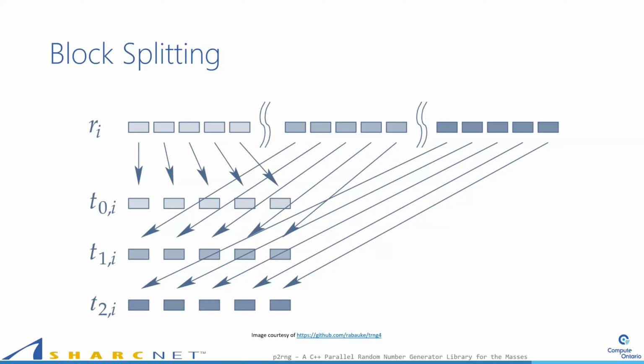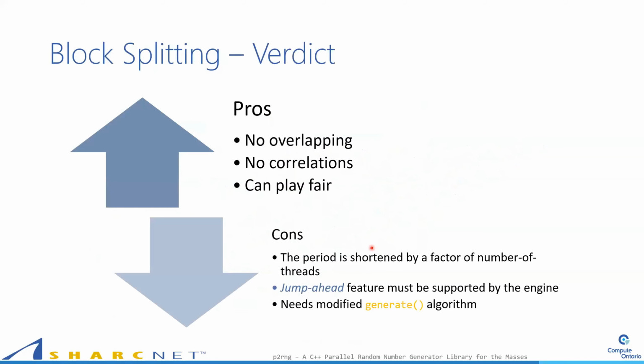Like leapfrog, it requires an efficient way of jumping ahead in the sequence, which is supported by some engines like LCG generators. Pros are more or less the same: no overlapping, no correlations, and it can play fair. Fortunately, false sharing does not happen here. The period is shortened again by a factor of the number of threads. We need the jump ahead feature, and also a modified version of the generator.